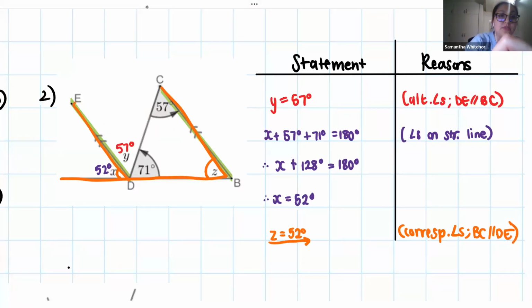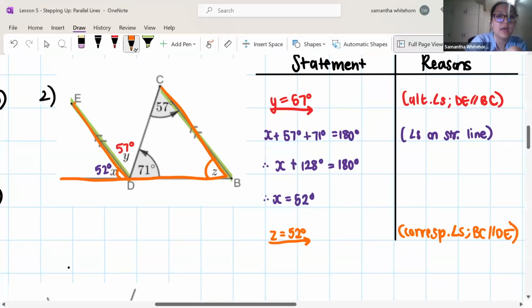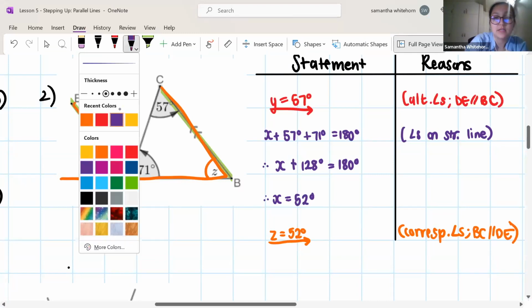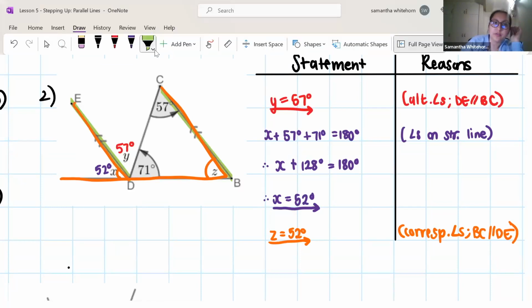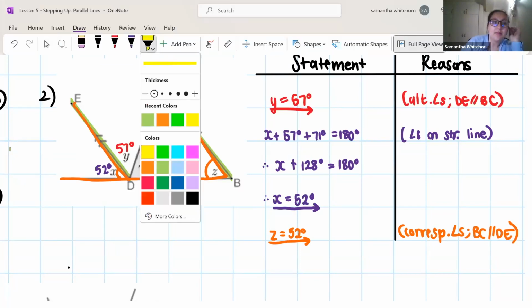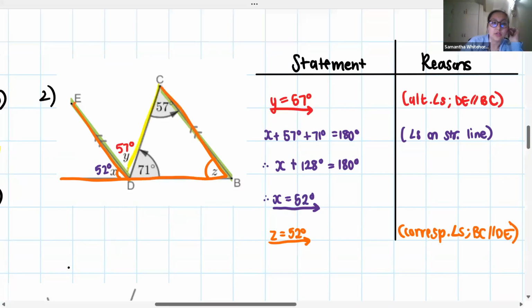Now, guys, again, there are a few different ways that you could have found some of these angles. And again, I'm just choosing not to do it because we haven't done triangle reasons yet together. But for example, you could have found z by working with angles in a triangle. You could have used CDB as your triangle and used angles in a triangle to find z.